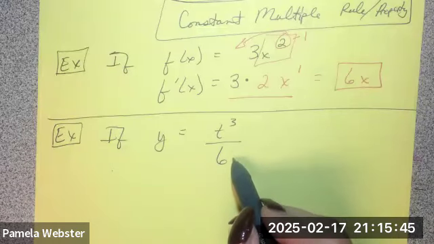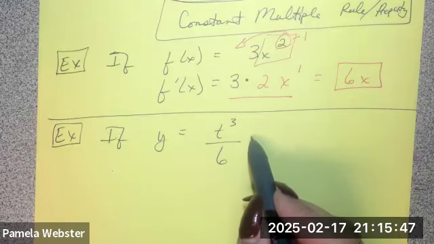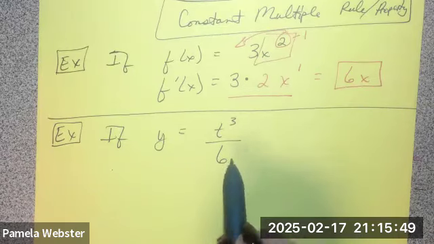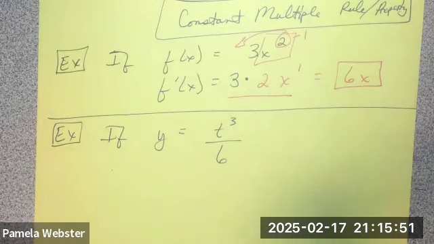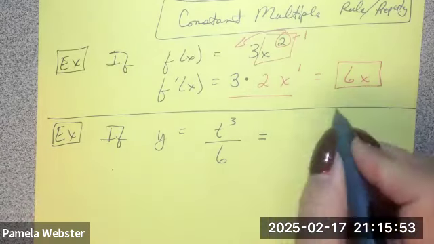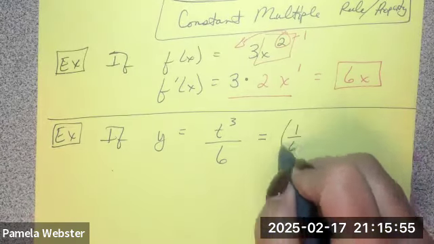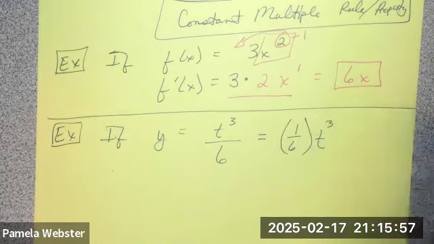Yes, when there's a variable on the bottom, you need to move it to the top. This is not. If you would like to rearrange this before we go anywhere, you can say this is the same as 1/6 times t to the third. Otherwise you can just keep that 6 on the bottom. It's fine. We only have to rearrange it when it's a variable on the bottom.